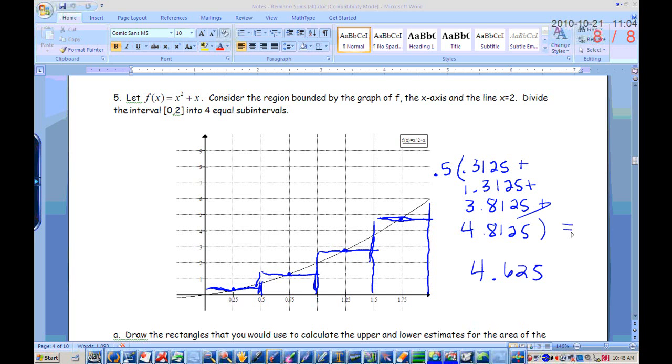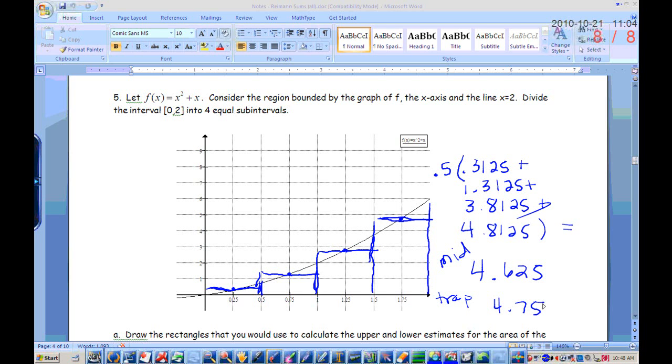Now, the midpoint and the trapezoid are going to be fairly similar to each other. On the trapezoid, we got 4.75. So this was midpoint, and trapezoid was 4.75. Now, which one is more accurate has to do with a lot of things.